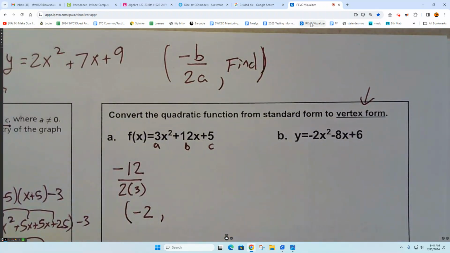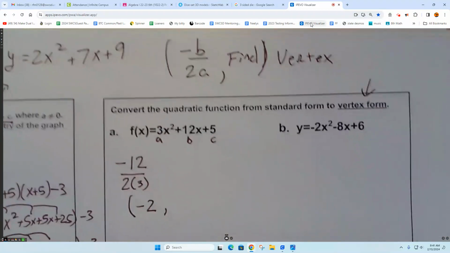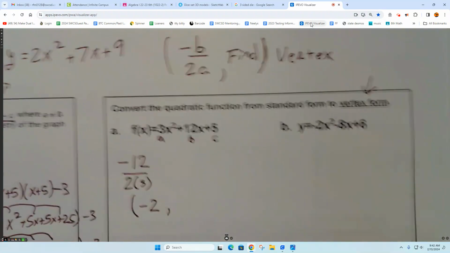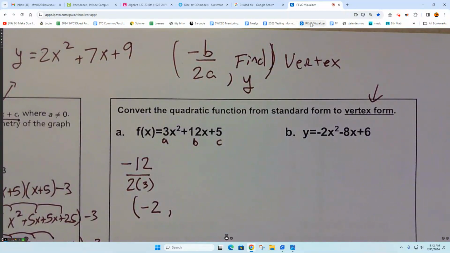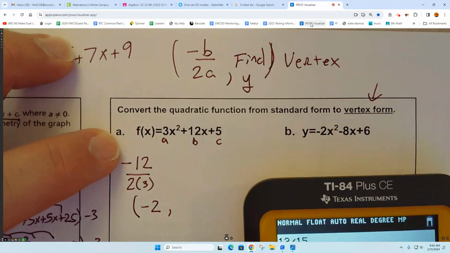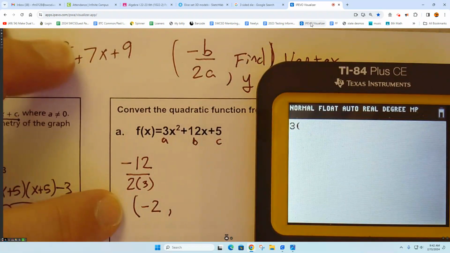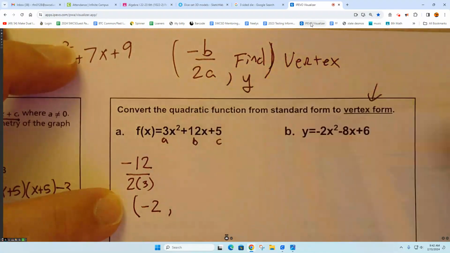How do you find the other part of my vertex? What value is that? Y. How can we find y if we now know what our x is? You just plug it in. I go to my calculator, and anywhere I see x, I'm going to put parentheses: 3 parentheses -2 squared plus 12 parentheses -2 plus 5, and I get that it's -7.